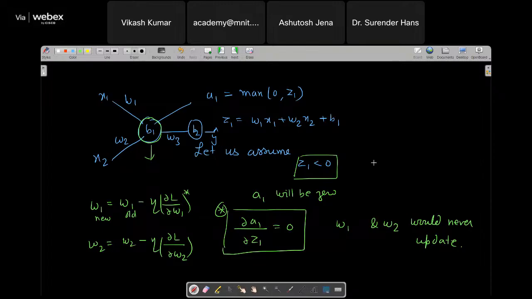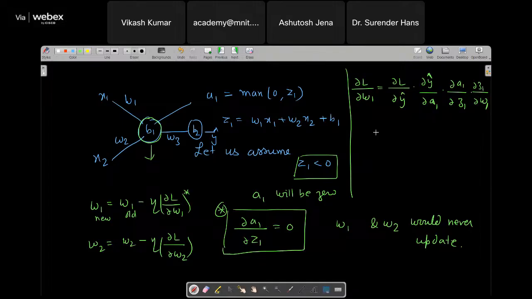So now let me write here this dou L by dou W1. So dou L by dou y cap, because L, the loss function, is a function of this y cap, and dou y cap by dou A1, and dou A1 by dou Z1, and dou Z1 by dou W1. Yes or no?